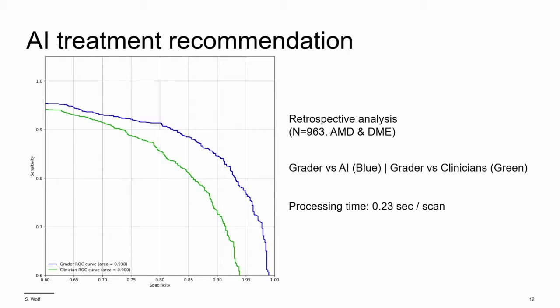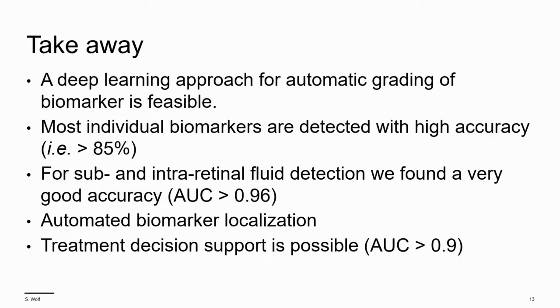And you see, if we compare the grader with the artificial intelligence system, there's a higher concordance between the trained grader and the artificial intelligence system, showing that it's possible to have treatment recommendations with this AI system.